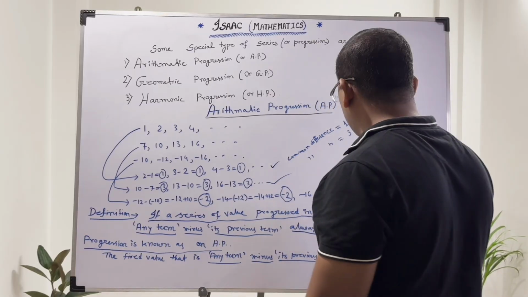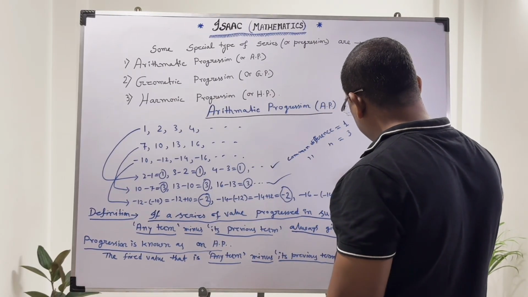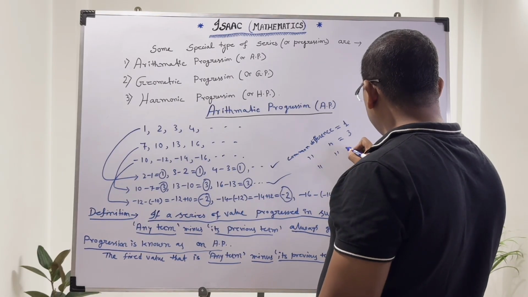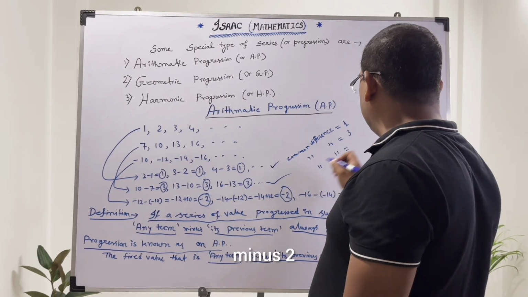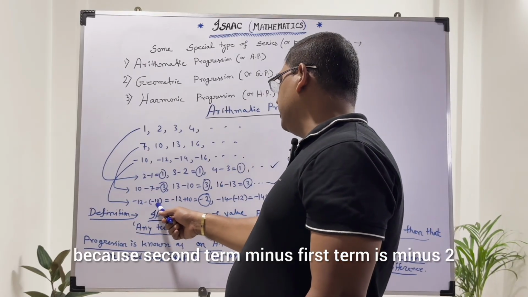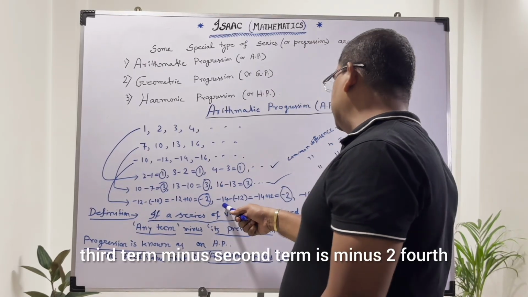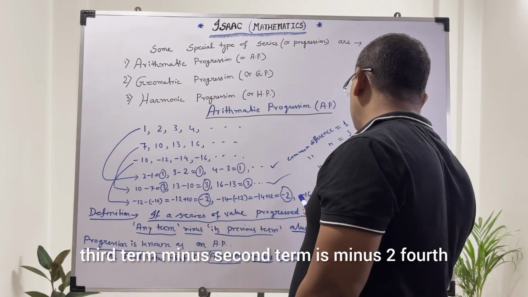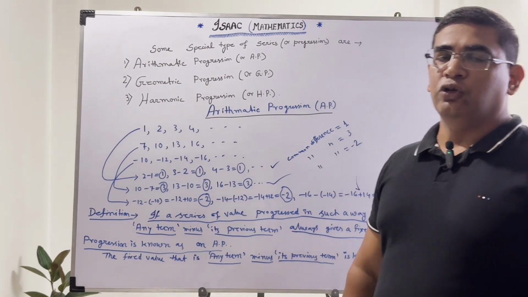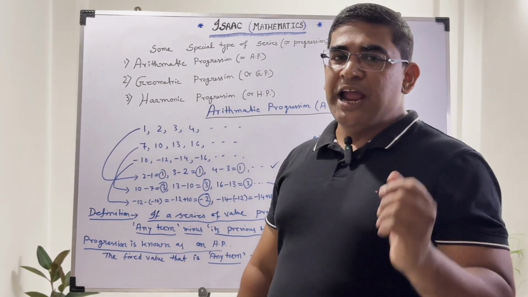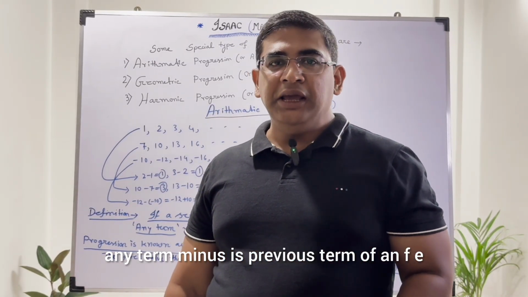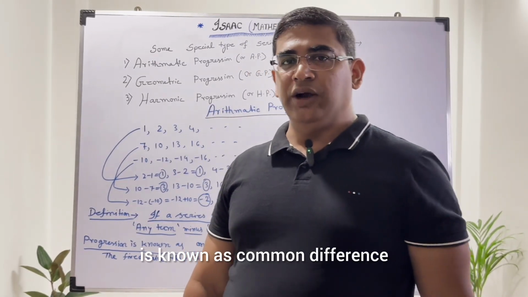For example 3, common difference is minus 2, because second term minus first term is minus 2, third term minus second term is minus 2, fourth term minus third term is also minus 2. Okay. So, the fixed value, that means any term minus its previous term of an AP is known as common difference.